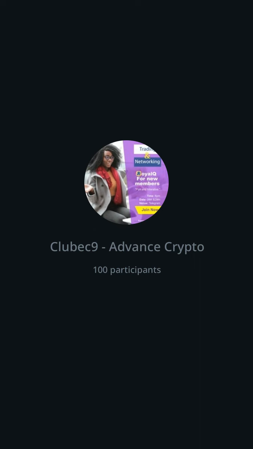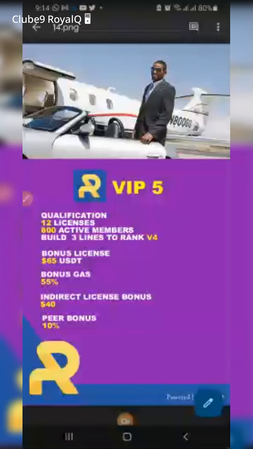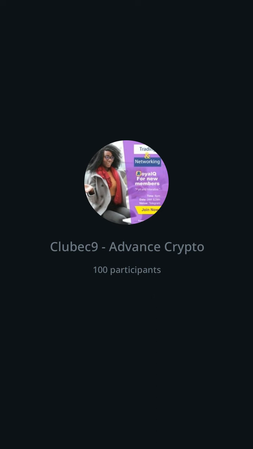The same process works. But here, your license bonus, if you register anybody, you're getting $65, 65 USDT, right? Then your indirect, you're getting $40. Then your peer reward is still the same thing.